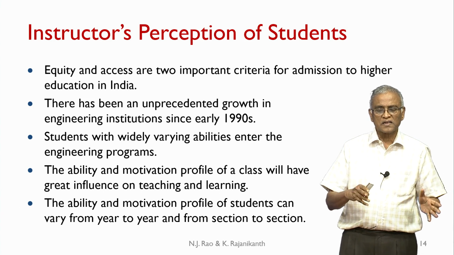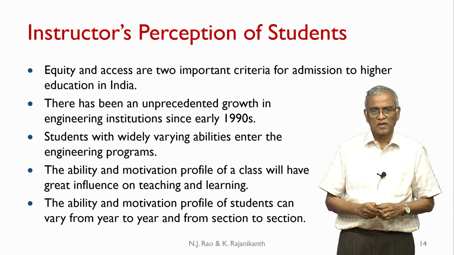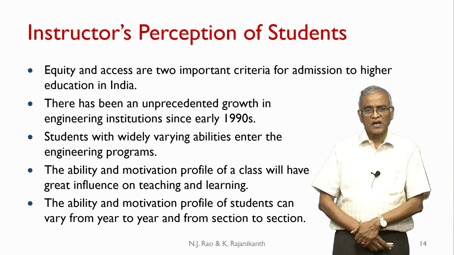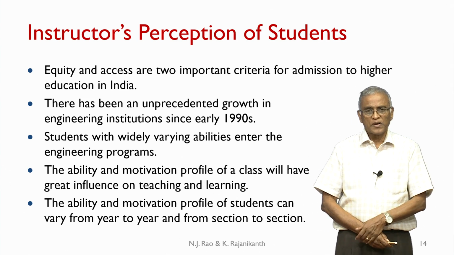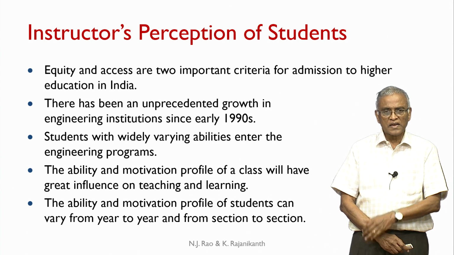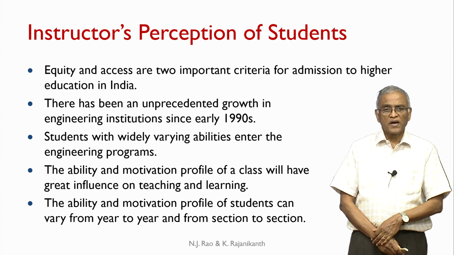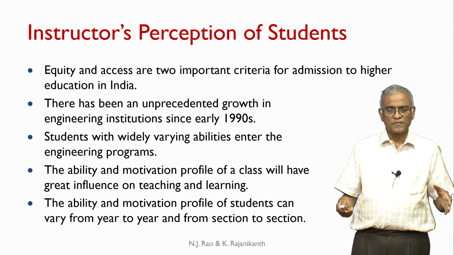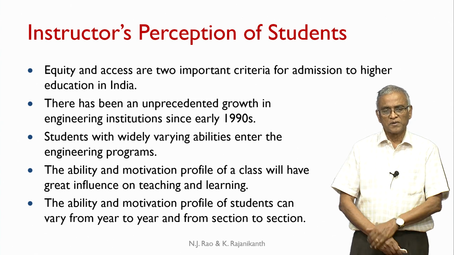So, they become practically local colleges. So, what is the consequence of that? Because of this unprecedented growth since the early 90s, you have students with widely varying capabilities entering your engineering programs.